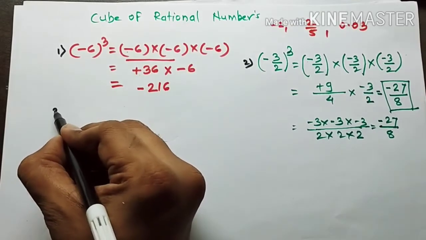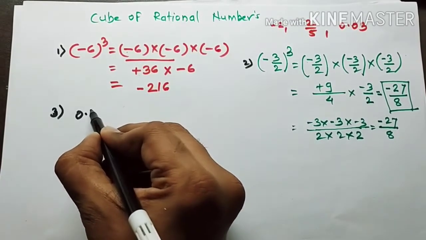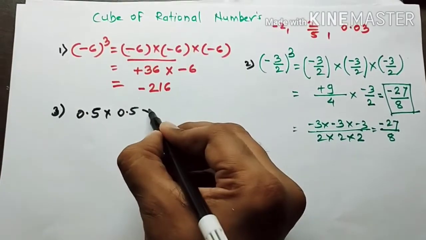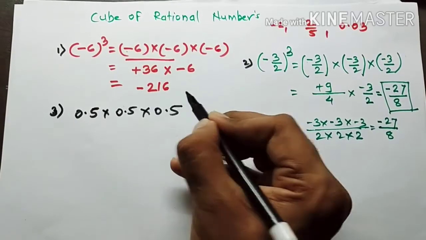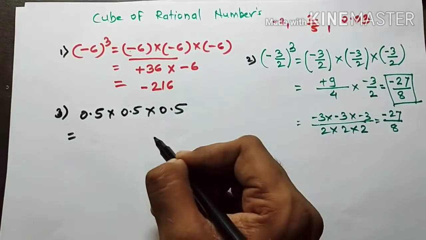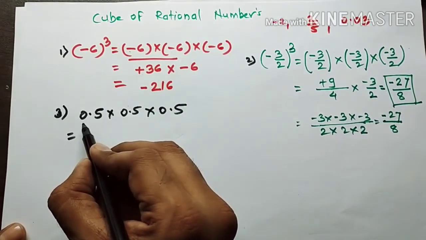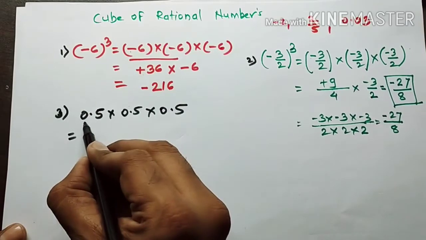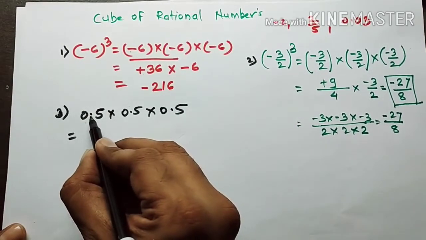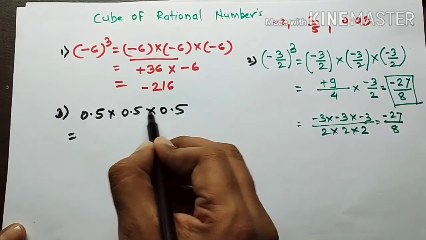Now another example, the third example. We take 0.5 into 0.5 into 0.5. How will we solve it? One pattern is like this: 5 into 5 into 5 is 125, but there is a decimal point here.